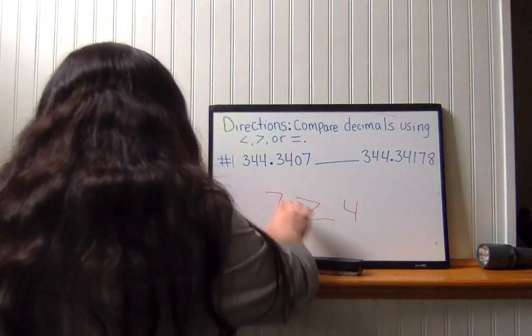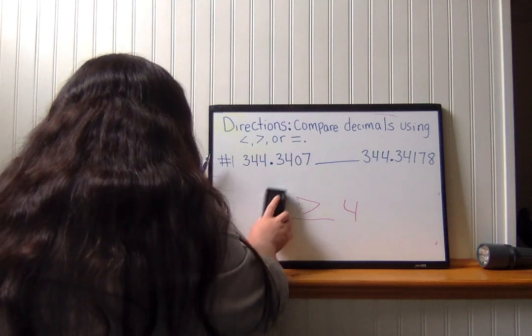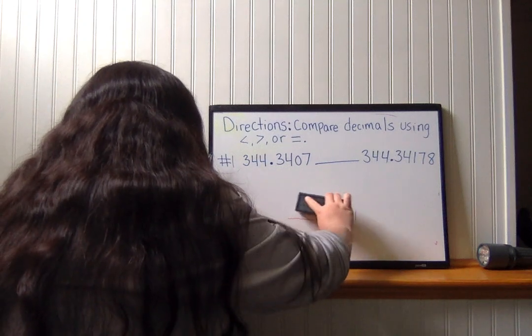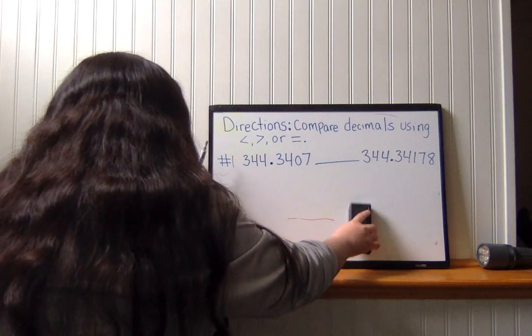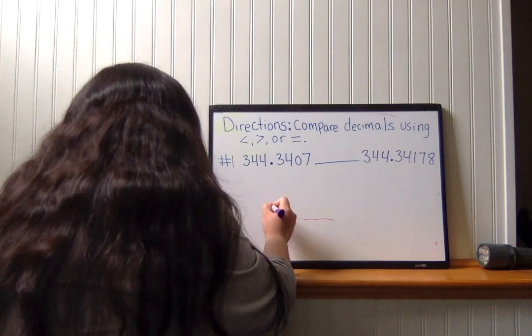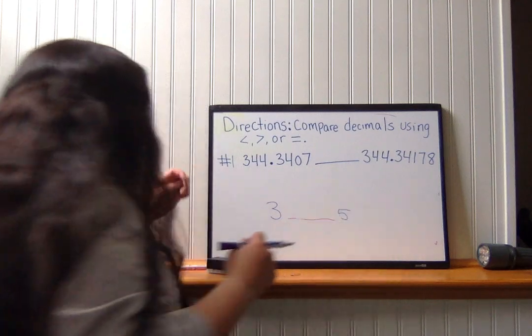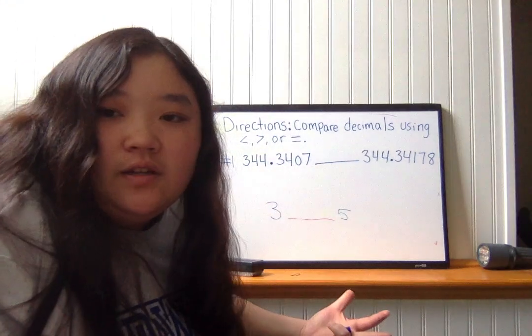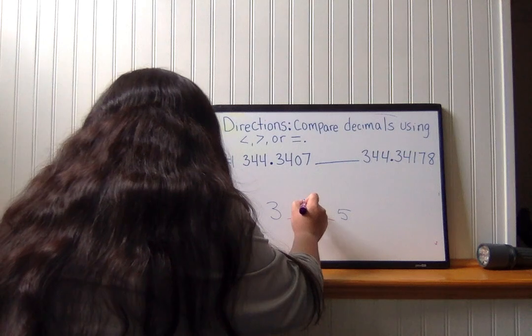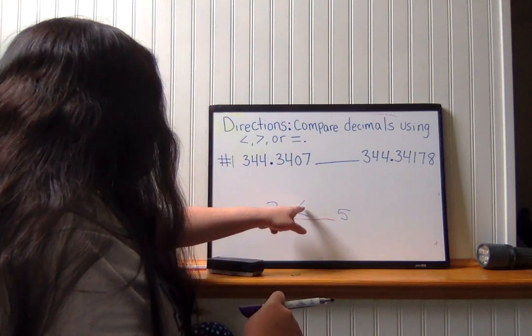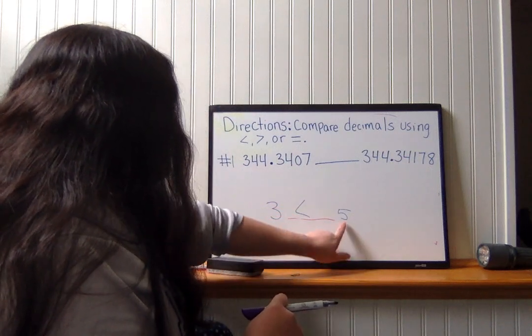Now, if I were to arrange this differently, let's say a 3 and a 5, the less than sign is going to look like this. You're going to create it like this. Notice how the mouth of it is facing towards the bigger number, which is 5.